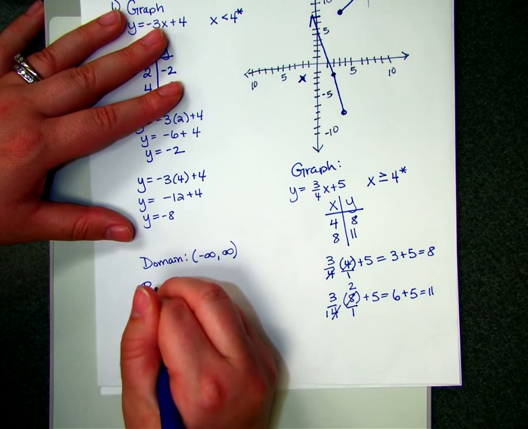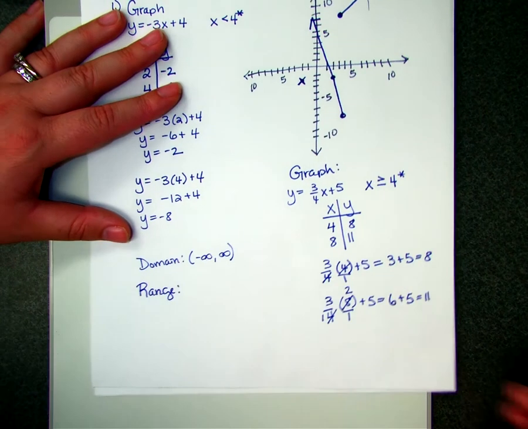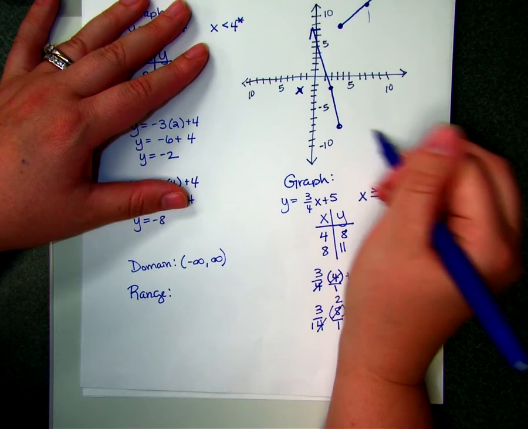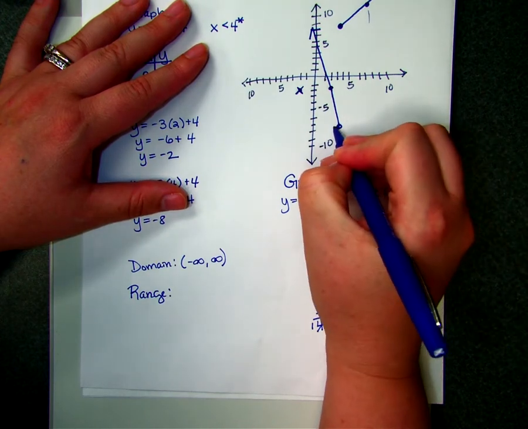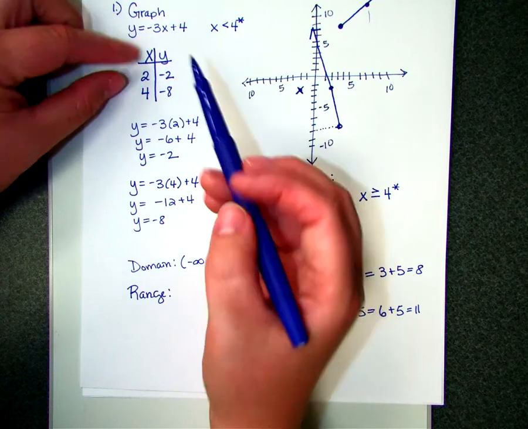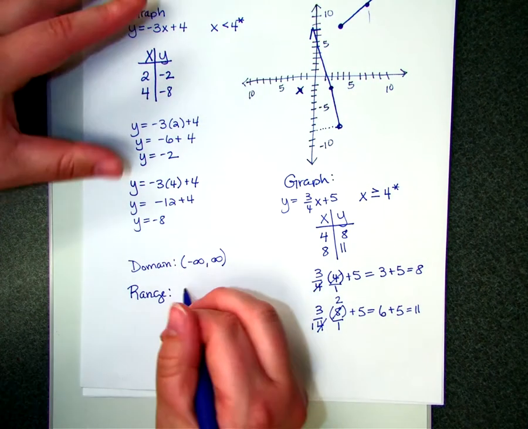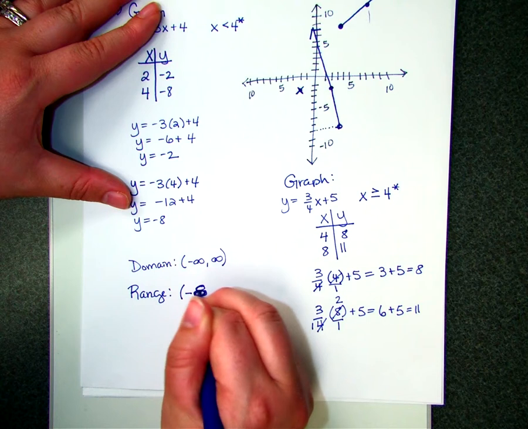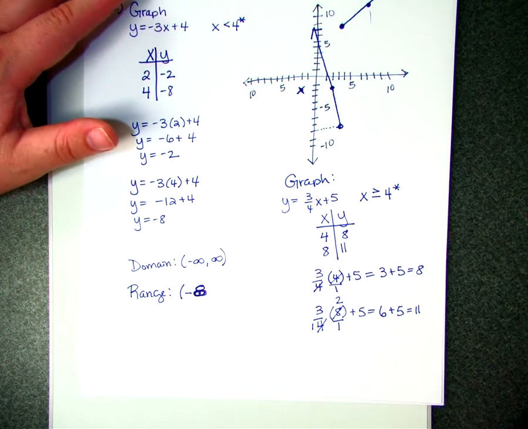Now, the range. How low does this go to how high does it go? So looking at the bottom of our graph, this is our low point, which has a y value of negative 8. So that is the lowest number in our range.